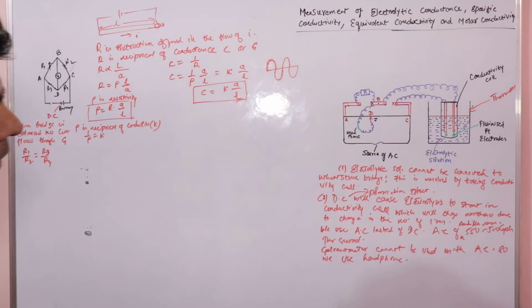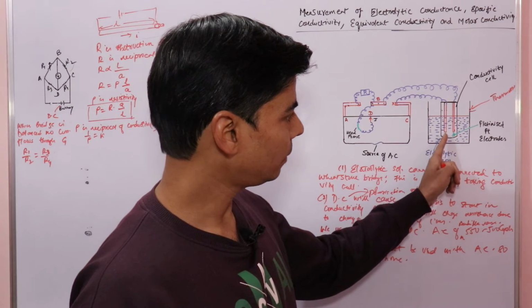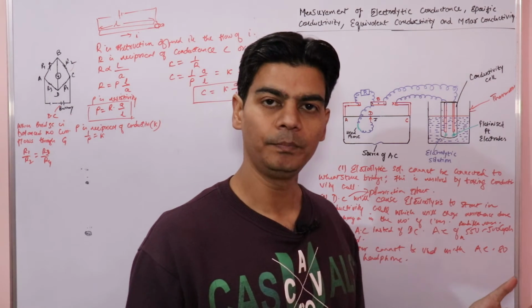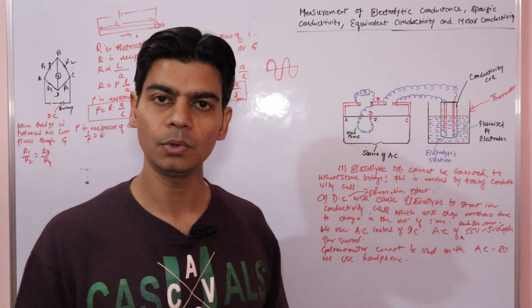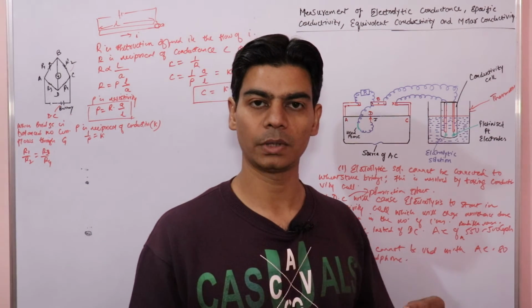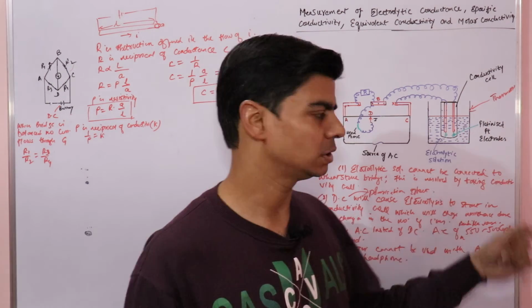And here the electrodes are platinized platinum electrodes. That means platinum electrodes coated with platinum black, right? When electrodes of platinum are coated with platinum black, we call them platinized platinum electrodes.